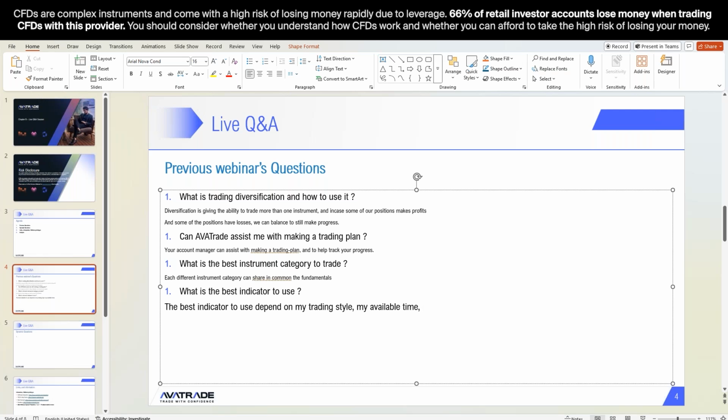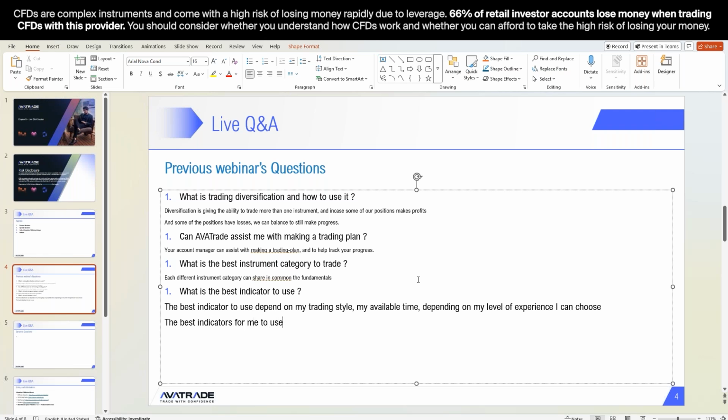Maybe, okay. But if I analyze hours or days, maybe I can find it a bit more useful. So depending on my trading style, depending on my available time, depending also on my level of experience, right? I can choose the best indicators for me to use.